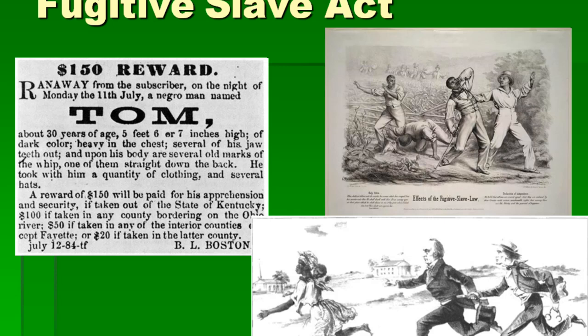And one of the descriptors is the marks of a whip, one of them running straight down the back. And then you'll see that there are 3 different rewards offered depending on where he's captured.